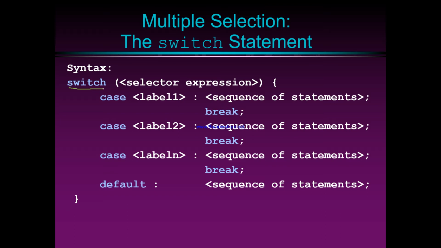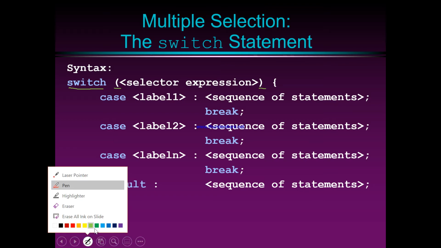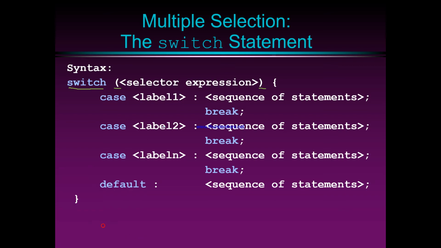You must write it as it is. Then you introduce the open parenthesis and the closing parenthesis, and in between these parentheses you must introduce the selector expression, the multi-way expression, which will result in a value.